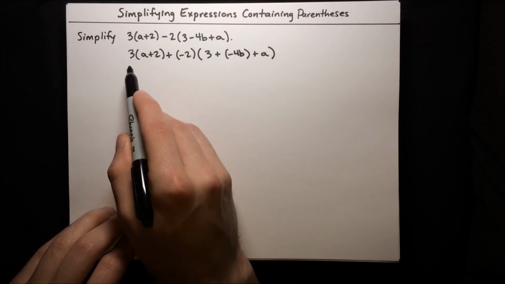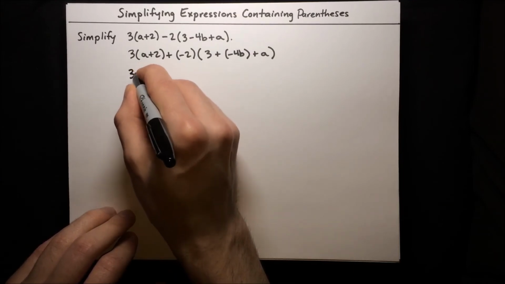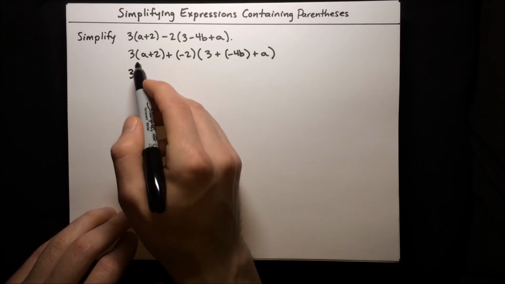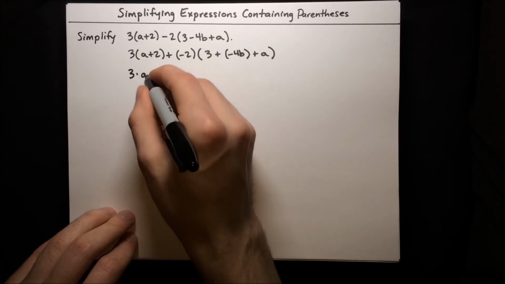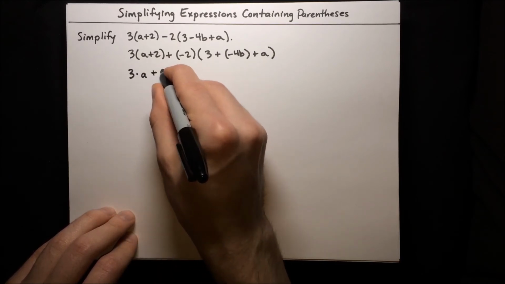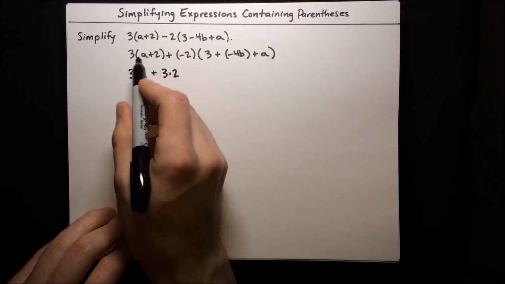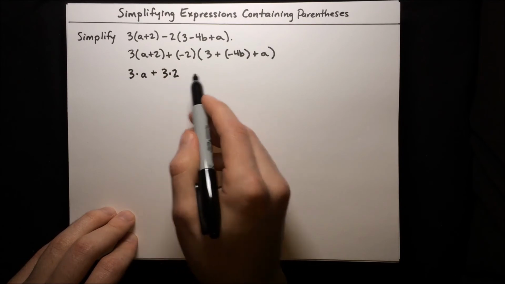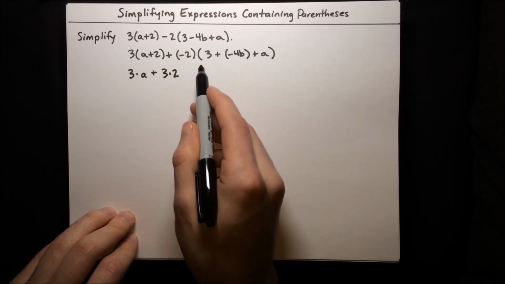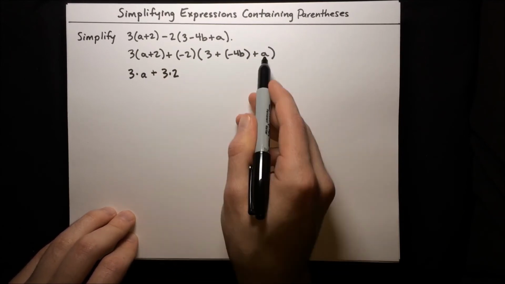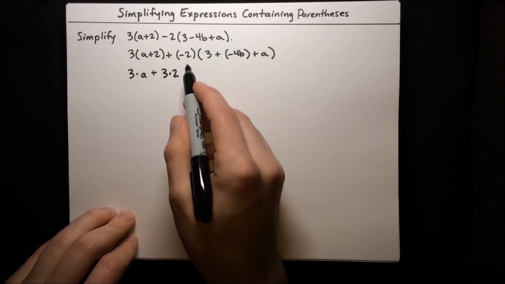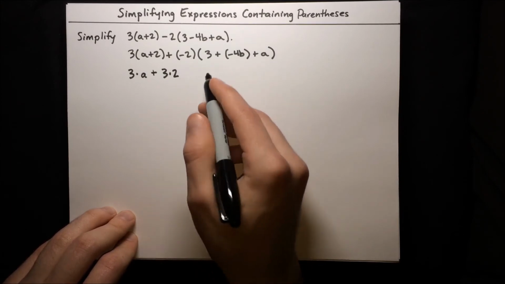Let's go ahead and do that then. So 3 times a here, and then distribute 3 times 2, and there's a plus in between them. So 3 times a plus 3 times 2. So that's it for this term here. But now this term here is going to be 3 distributions. So first distribution is negative 2 times 3.